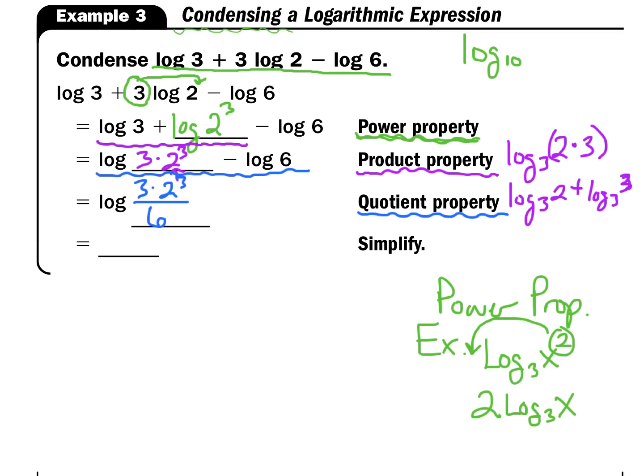And so now I simplify everything that I can. I'm going to wind up with log of, well, 2 to the third is 8, times 3 is 24, and then 24 divided by 6 is equal to 4. So we just have log of 4. So all of that just to get log of 4.